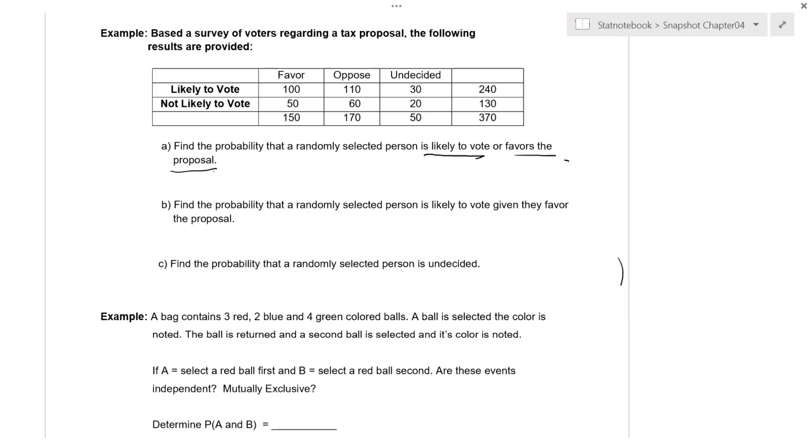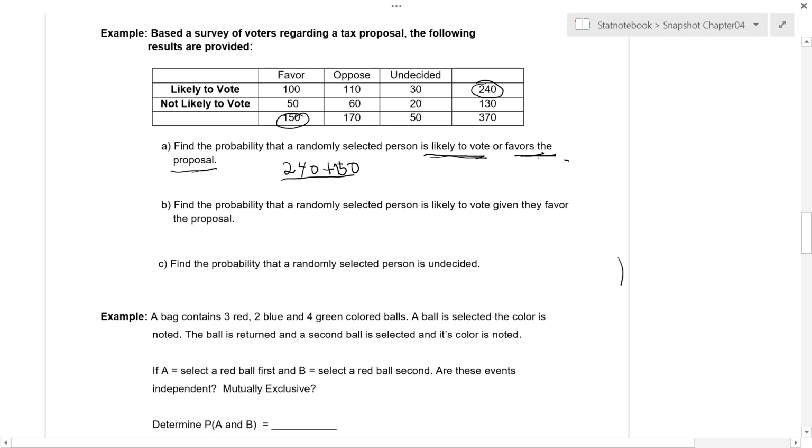So the likelihood of voting is 240. Favoring the proposal is 150. So that's the number of ways, 150, right? That's the number of ways we can choose somebody that's likely to vote or they favor the proposal, right?